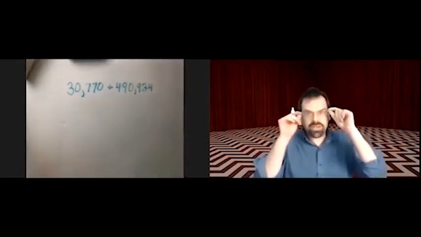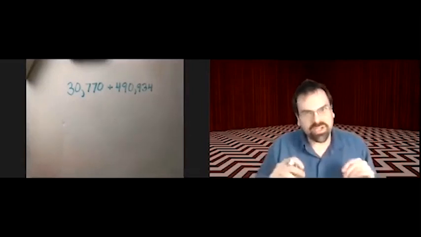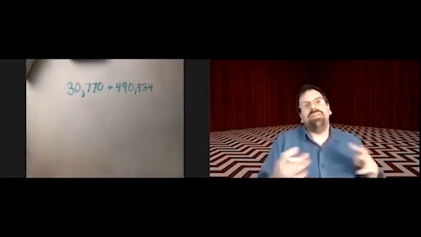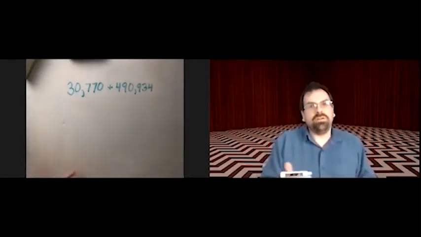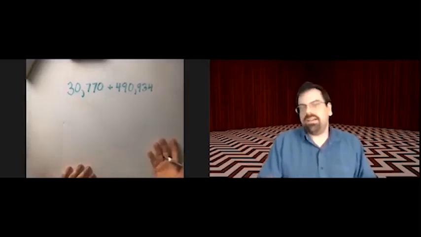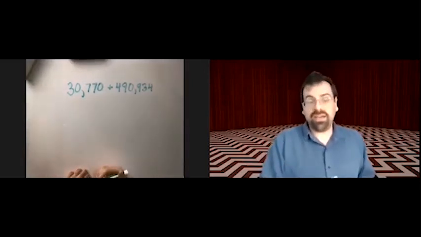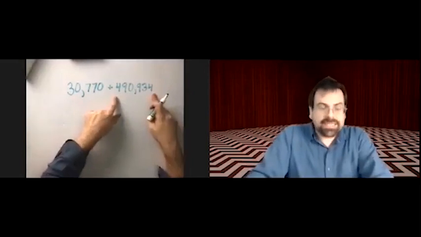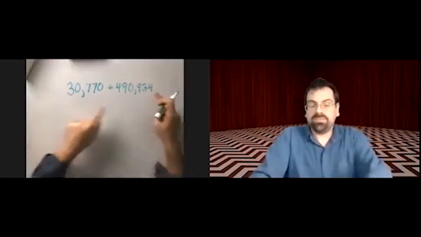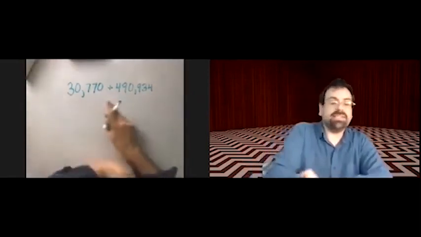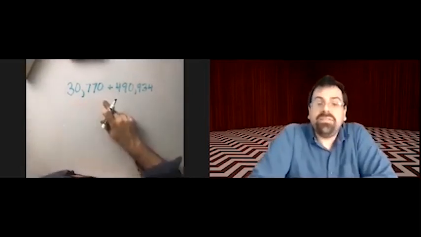So with addition, not subtraction, just addition, you're able to add the numbers in any order. 2 plus 3 is 5. 3 plus 2 is 5. So if you see this number is bigger than this one in terms of having more digits, this has 6 of them, this has 5 of them.